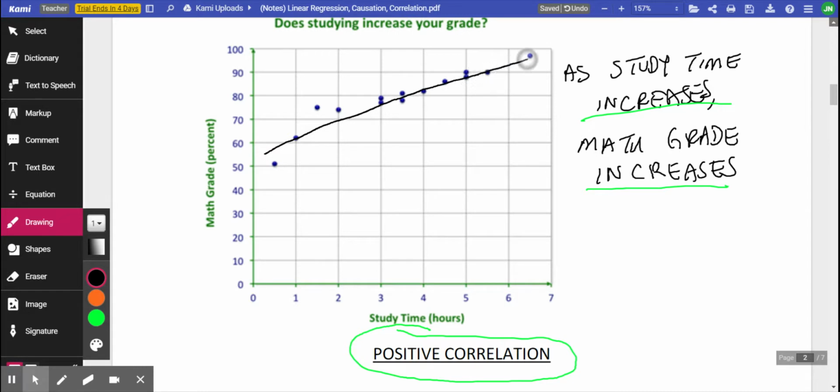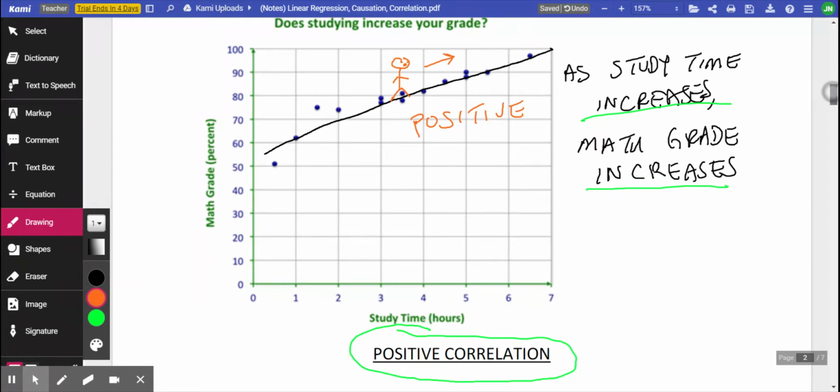So maybe this will be the line that's a little closer. Since the slope of the line is positive, if I go from left to right, it looks like this person is traveling uphill. That means it's a positive slope, or a positive correlation. Okay, so that's all that means.